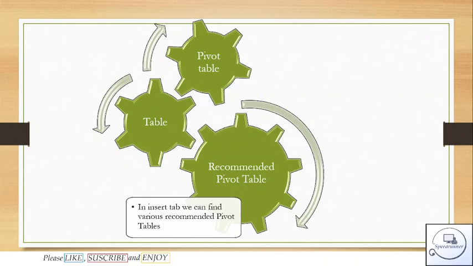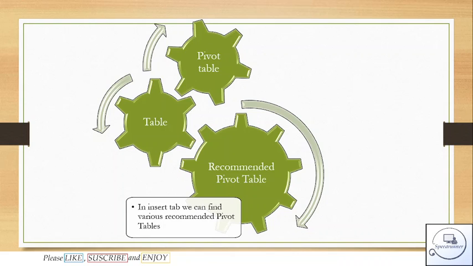Then we have pivot table, where the data is custom added by you. We are going to learn how to create a pivot table in the next video. In the Insert tab, we can find the recommended pivot tables.